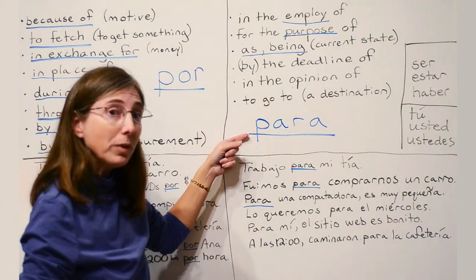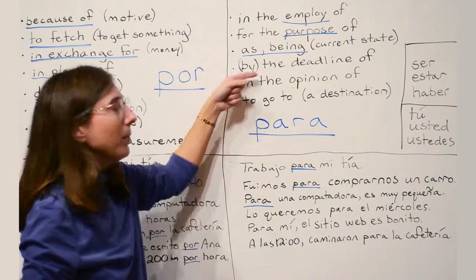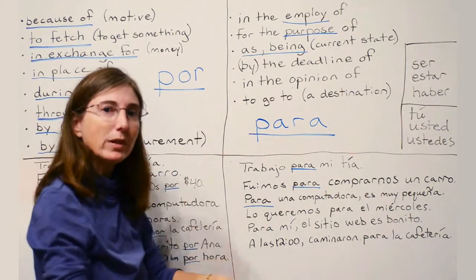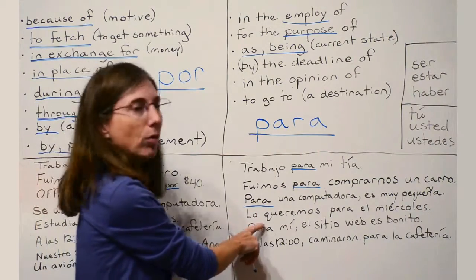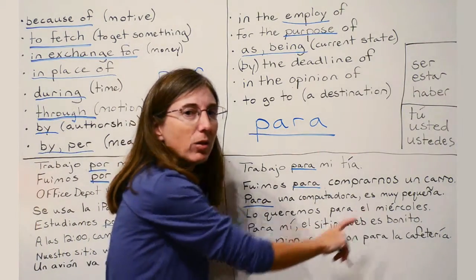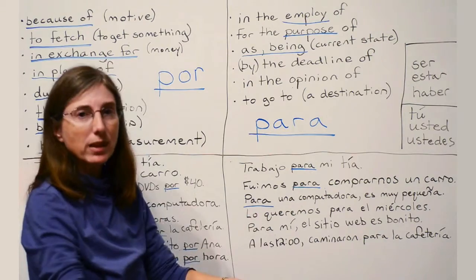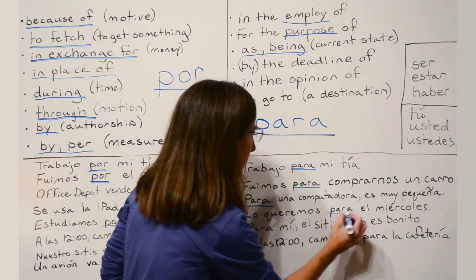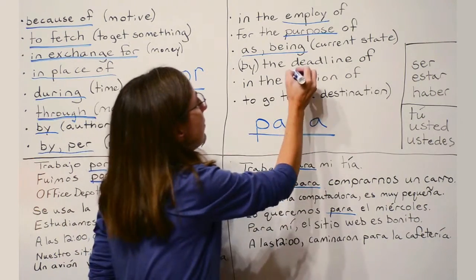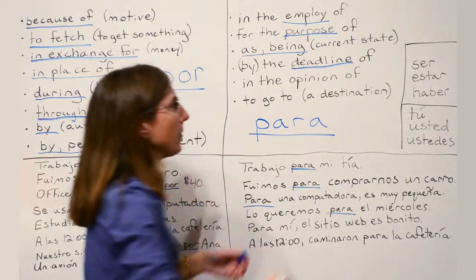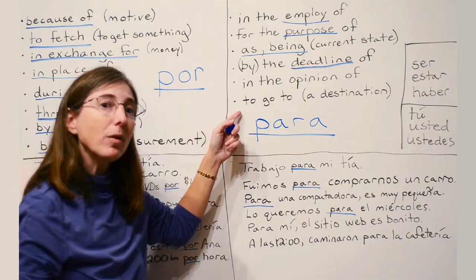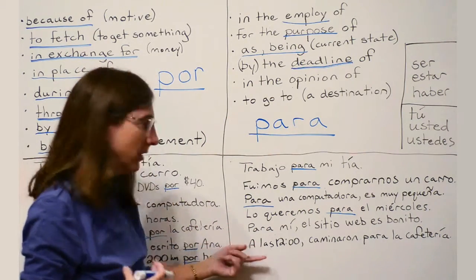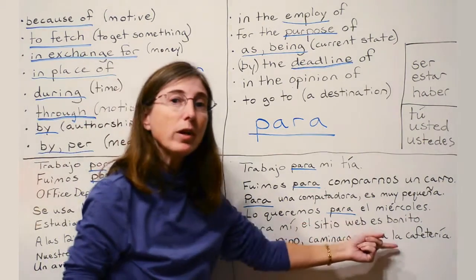So that's for, as in as, or a state of being. Para can also be used to talk about a deadline. We need something for Wednesday. Lo queremos para el miércoles. We need it by Wednesday. Wednesday is our deadline. Para can be used to talk about an opinion. Para mí, el sitio web es bonito.